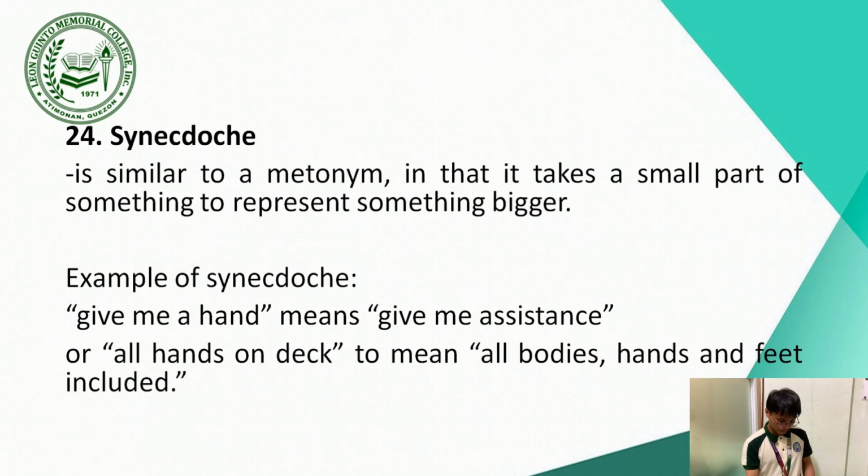To say "give me a hand" means give me assistance, okay? Which may or may not involve an actual hand. Or "all hands on deck" to mean all bodies, hands and feet included.